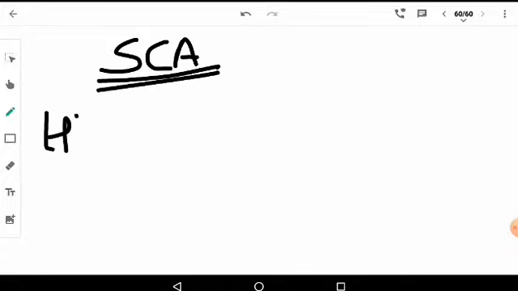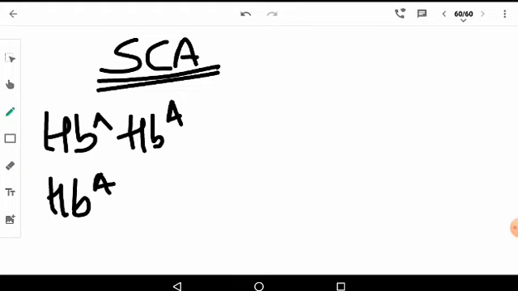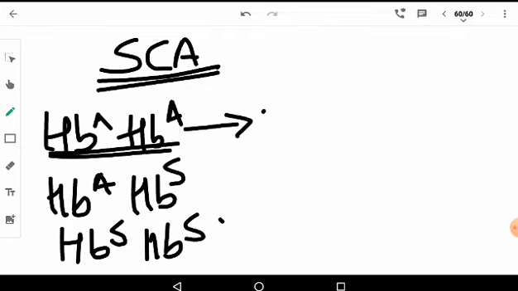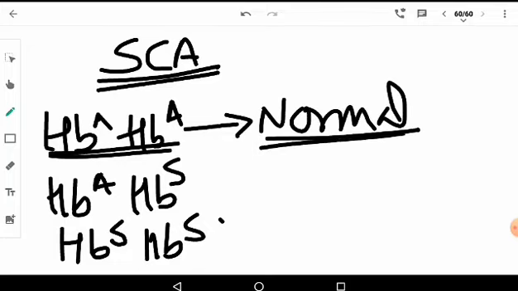Sickle cell anemia can exhibit 3 different conditions: HbA HbA, HbA HbS, and HbS HbS. HbA HbA will result in normal individuals, meaning they have normal shaped RBCs.